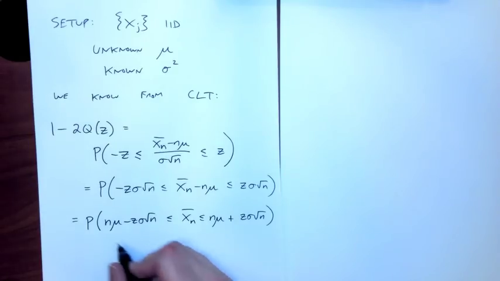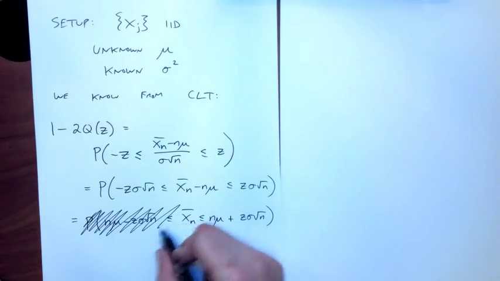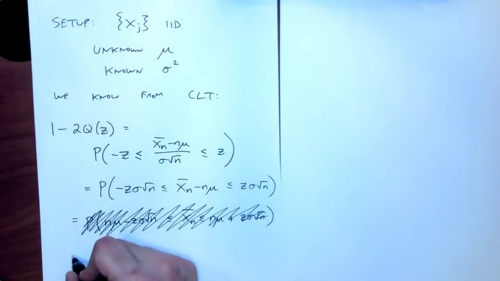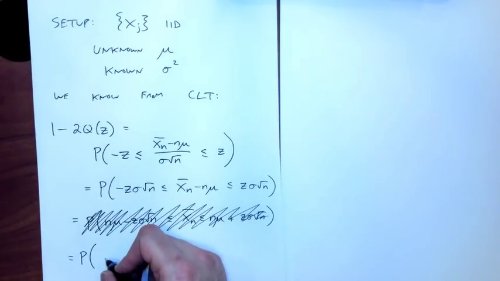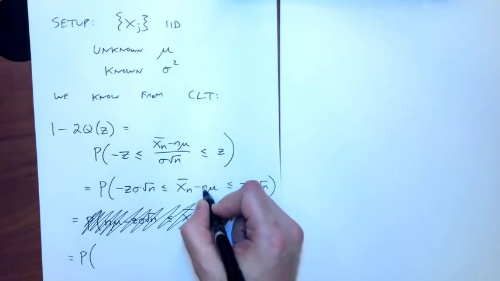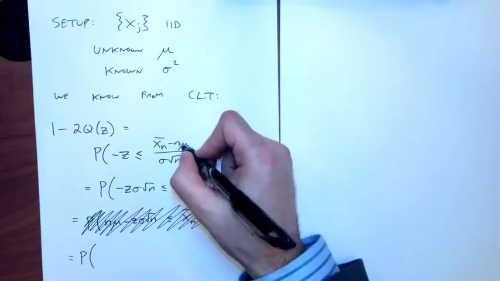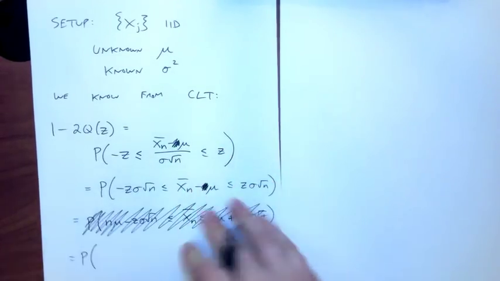Actually, no. This is true, but this is not what I want. Sorry. What I want is this. I'm going to keep the mu in the middle, and I'm going to write it like this. What did I do here? Oh, you know what? Sorry. I knew I was confused here. Let's just rewrite this. Throw it away.